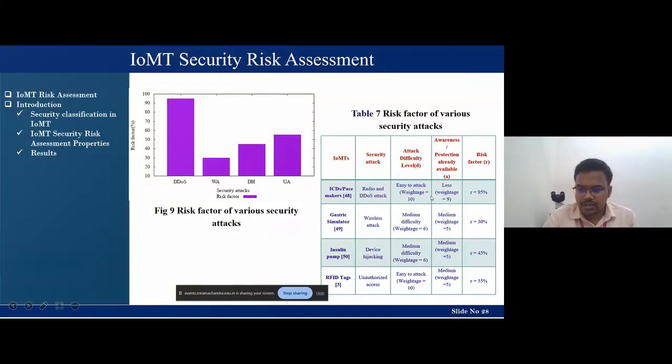Awareness is also very less, and the attack difficulty level is also very difficult. This is how this particular device has the high risk factor. So we need to give more concentration on ICDs and pacemakers when it comes to internet enabled medical device security.